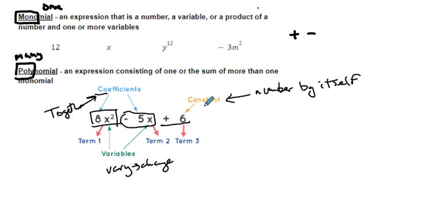The reason numbers are called constants is that you can do anything you want to the variable and it's not going to change the constant, because a number is just a number. 6 is always 6, it doesn't matter what x is. So a little bit of digging and thinking harder about these terms is not a waste of your time. It's really not.